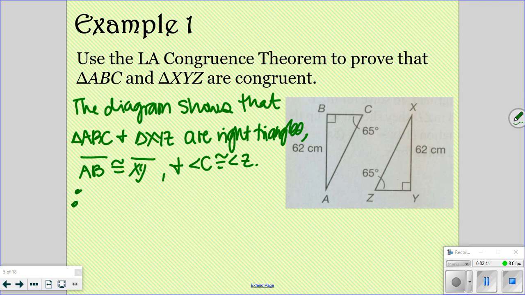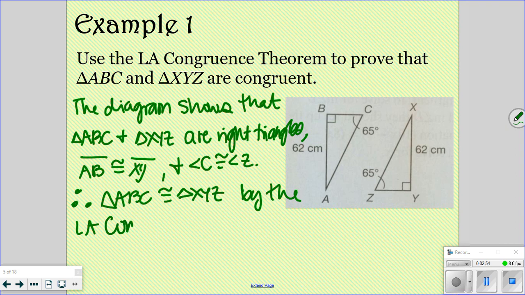So therefore, triangle ABC is congruent to triangle XYZ by the LA congruence theorem. Okay, so that's all you really have to do on these. You tell that they're right triangles, and then you show that you have a leg and an angle pair that are congruent, so your triangles have to be congruent.